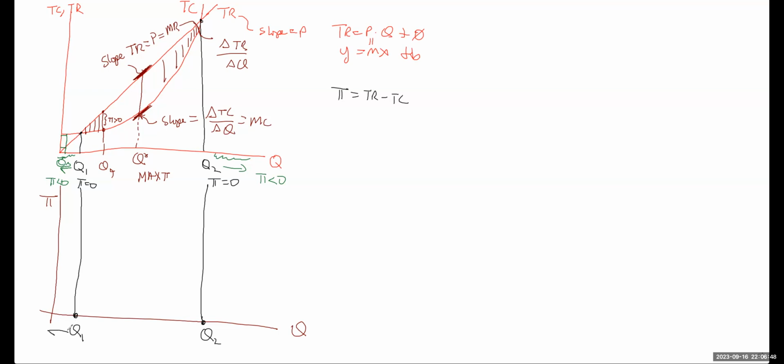To the left of Q1 and to the right of Q2, profit is less than 0. So it's below the origin, below right here. It goes down, it goes down. And then in between Q1 and Q2, profit goes from 0, it goes up to some point right here. It's the highest. Okay, Q star, it's the highest. And it goes back down. So it's like a hump shape. The highest, and it goes back down like that. Oh, should have drawn it better.